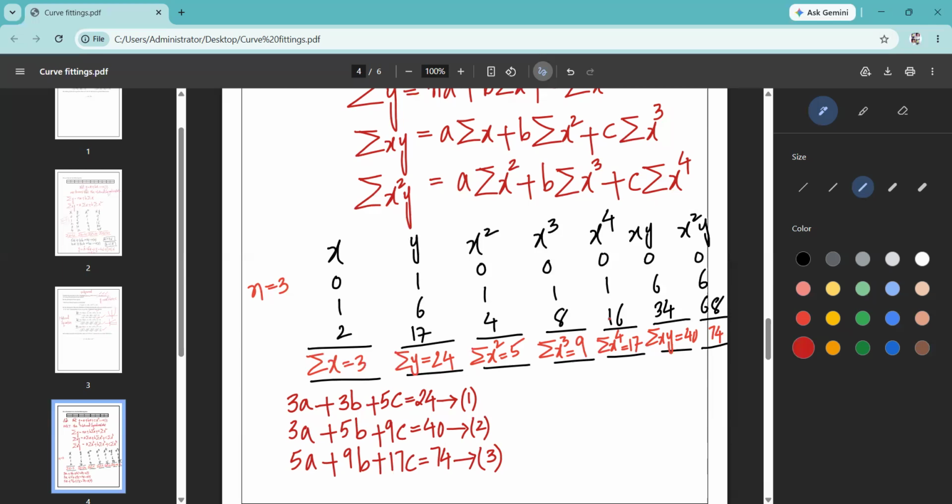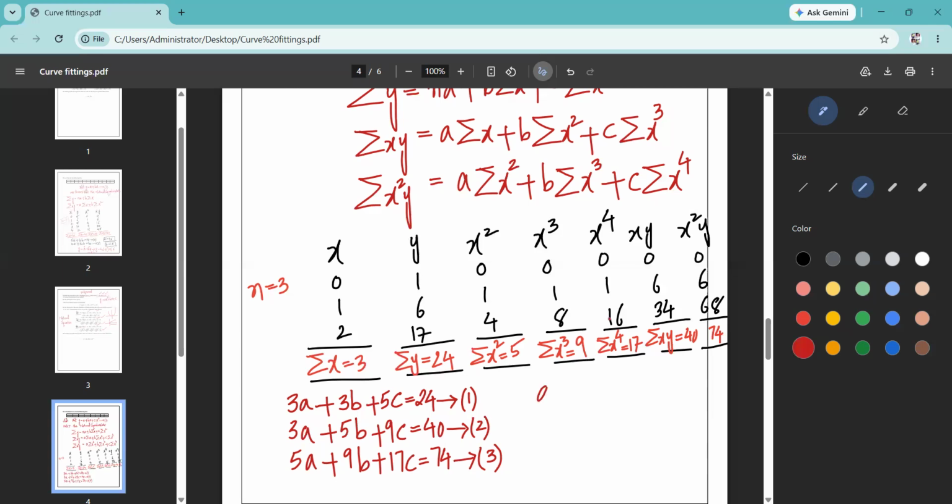Next 3, 5, 9, equals 40. Then 5, 9, 17, equals 74, and press equals again. Tell me the answer of the first value.